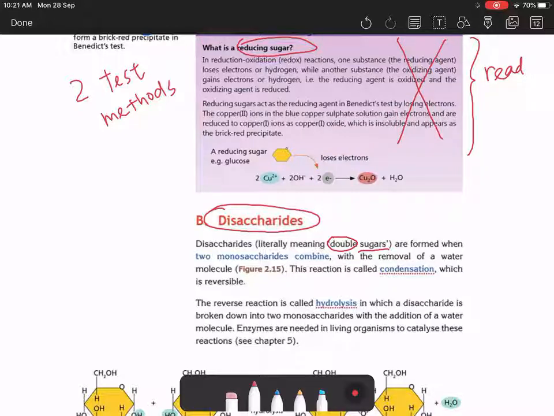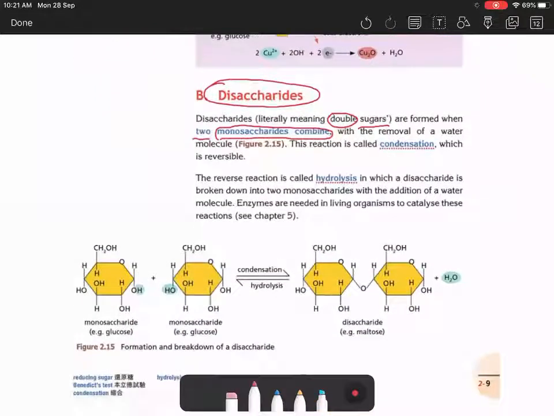And then how do we make two monosaccharides link together to form one disaccharide, just like Lego? I'll show you. Now, get a pen, highlight this part.